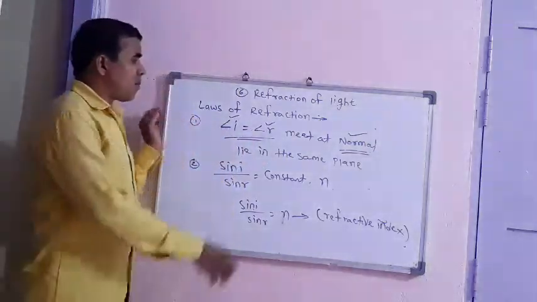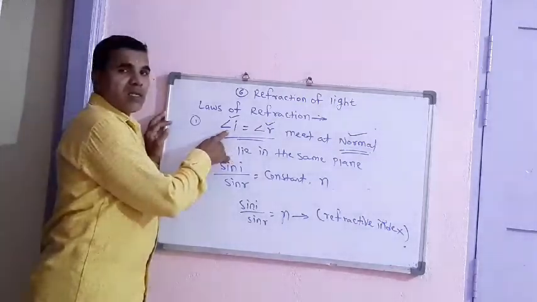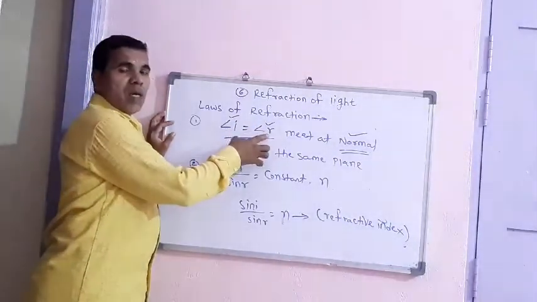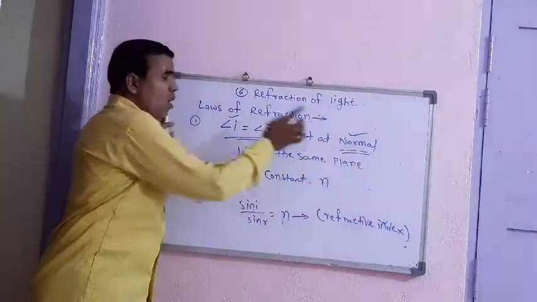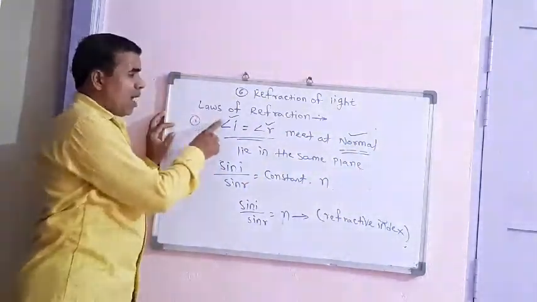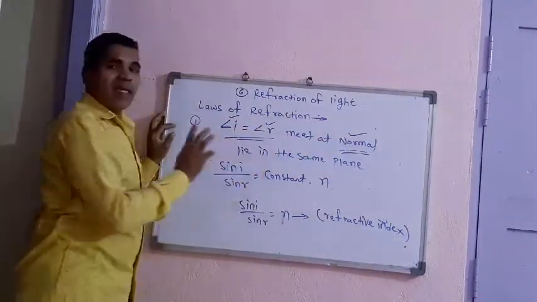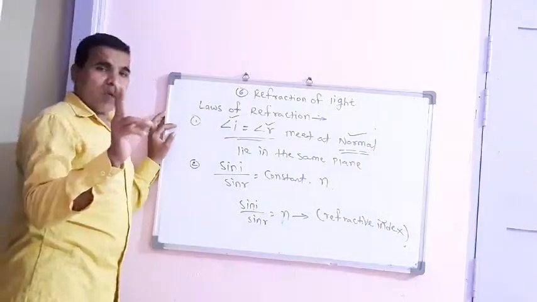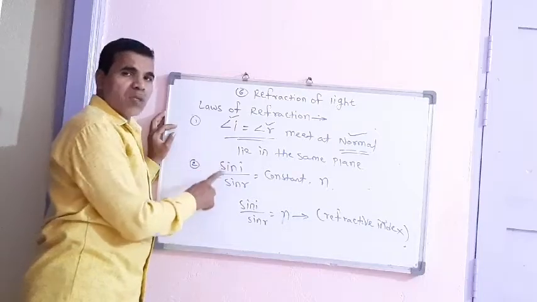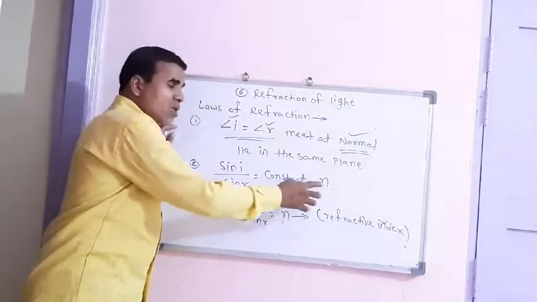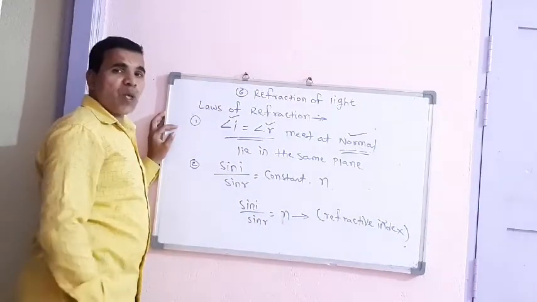So in the laws of refraction, the first law: the angle of incidence and the angle of refraction are opposite to each other and meet at a normal. All three, the angle of incidence, angle of refraction and normal, lie in the same plane. Number two, for any given media, the ratio of sin i upon sin r equals a constant, known as n, the refractive index.